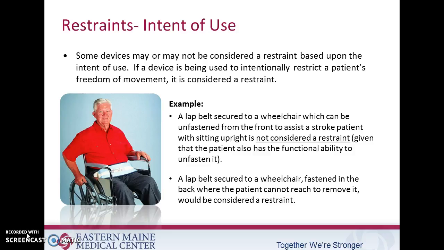If this is secured to a wheelchair and fastened in the front, maybe it's for a stroke patient who has left-sided weakness and is leaning over, and we want to use that lap belt to just help them sit up straight. We put the fastener in the front, and the patient is able to remove that. They have the motor skills and the dexterity in their fingers to unfasten that belt. That would not be considered a restraint.